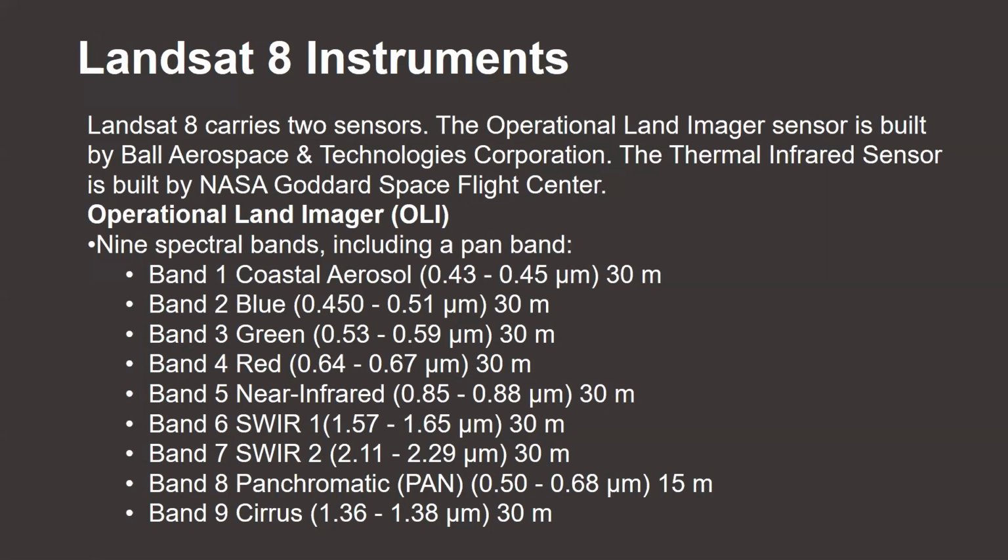The Google Earth imagery that we see is basically a combination of bands 2, 3, 4, and 5 only. They are not using the shortwave infrared or other bands. In the shortwave and near infrared bands, the reflectance differs for different materials. Soil will have a different property. Vegetation will have a different property.